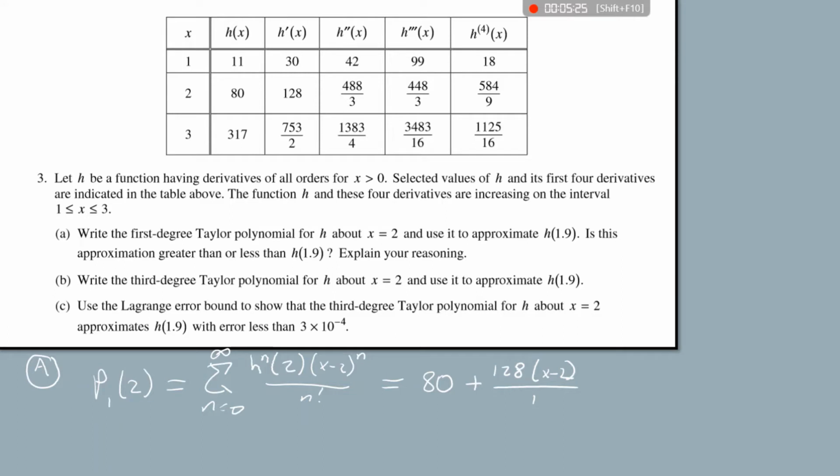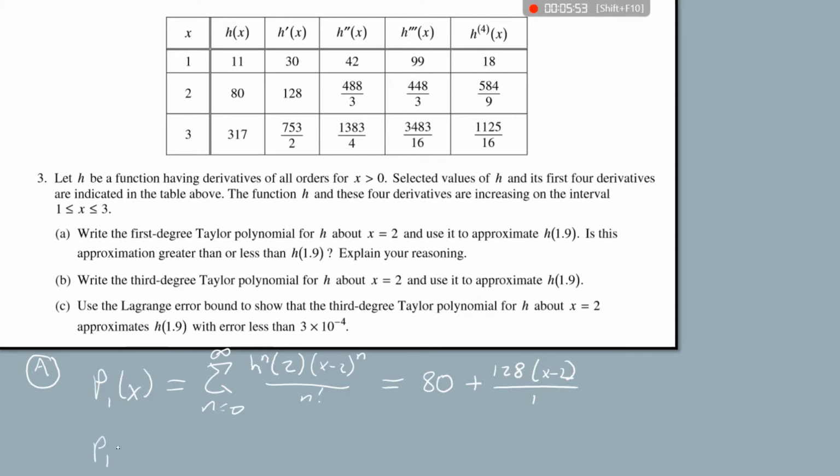Okay, so I've got our first degree Taylor polynomial. Actually, I could say this is x. We can plug in whatever x value you want. Okay, so I'm going to plug in 1.9, and we'll see what that gives us.